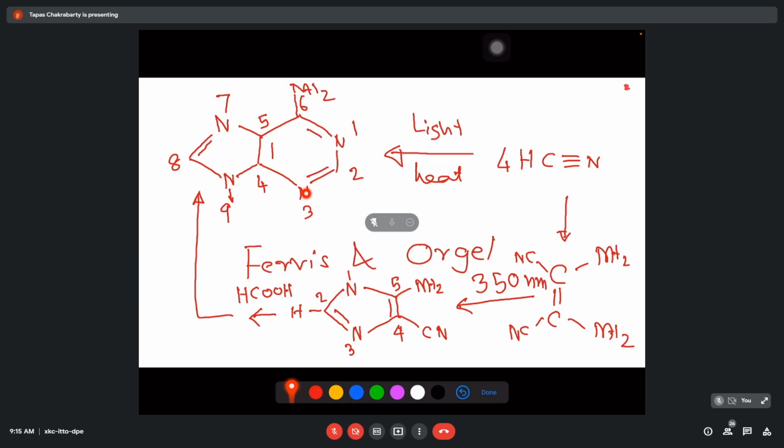Now, although people tried to prepare these building blocks since the days of Miller's experiment, later it was realized that light not only acts as a source of energy for the formation of different chemical bonds, but light also destroys these important biological molecules. So this is what is called photoselection.